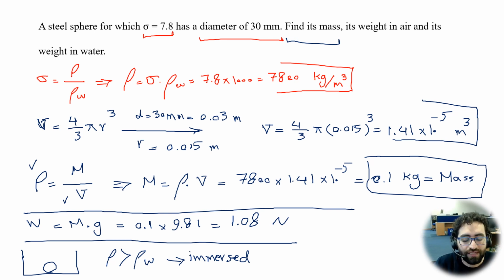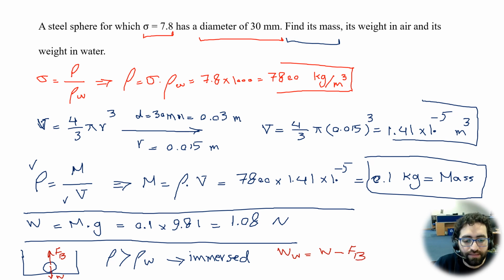To calculate its weight, we should consider that the weight is down and the buoyancy force is up. So to calculate its weight in the water, we should subtract them.